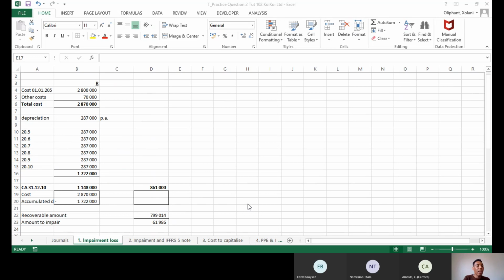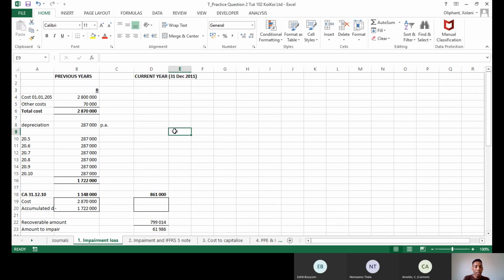So the narrative part thereof, we can actually look at in the solution because I think it's well documented in there. Basically, you would say how it came about that we have this impairment loss, meaning that there was a decline. There were defective batteries that had to be replaced for the customer, and as a result, there was a reduction in sales. Then you state that the impairment loss amounted to this much, and you need to say how the impairment loss was calculated, or the recoverable amount.